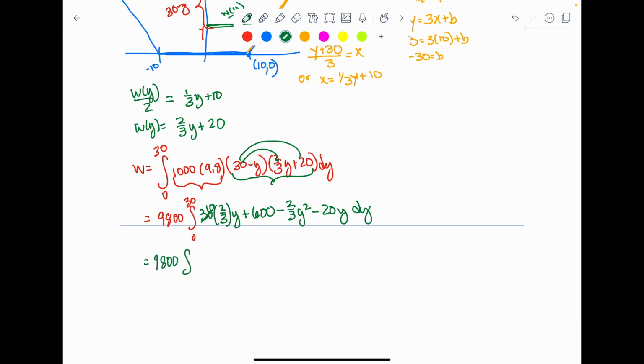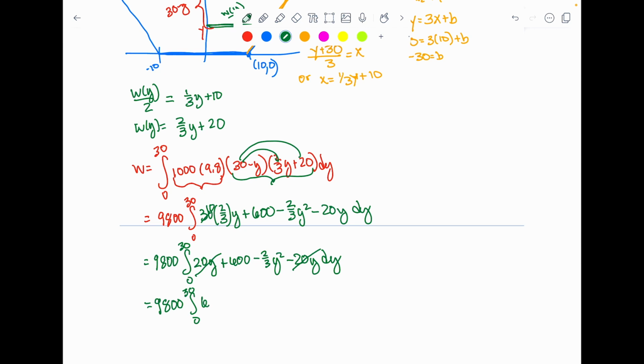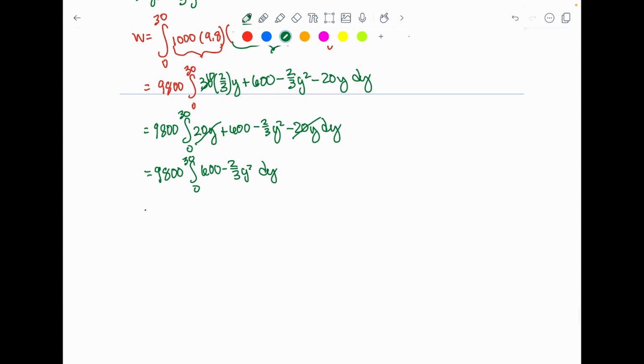Let's just rewrite that, it's a little messy. So we have 20y plus 600 minus 2/3 y squared minus 20y, dy. And let's see what happens. My 20y minus 20y goes away, and so things are simplifying really nicely for me. So I get 600 minus 2/3 y squared, dy.